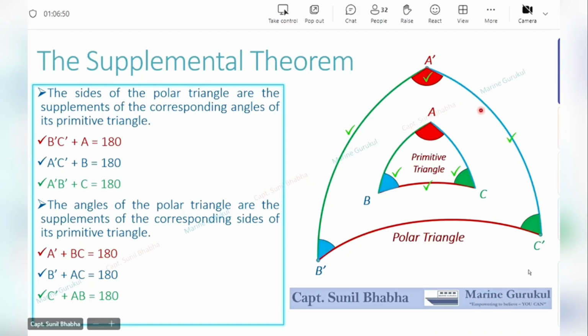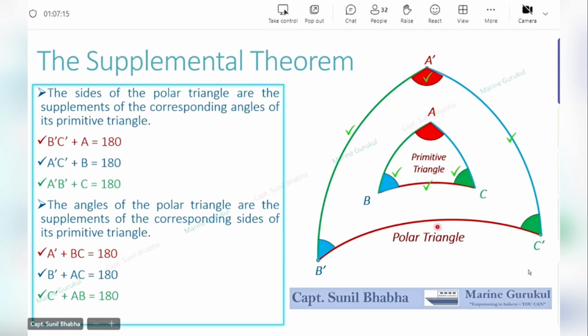Now if you pay attention to the polar triangle, we have two sides, A'B' and A'C'. These two sides are now available to us, and we have their included angle also, angle A'. So two sides and an included angle are available, and we can apply the cosine formula in the polar triangle and find the remaining parts.